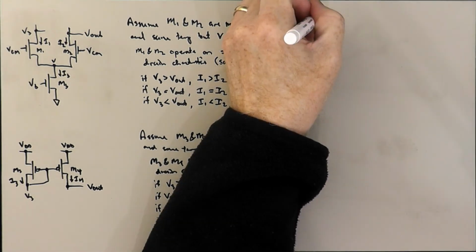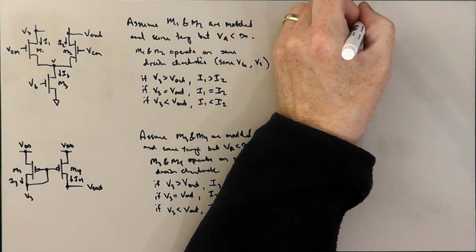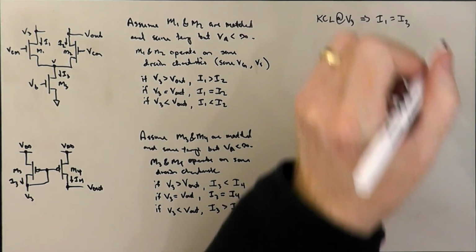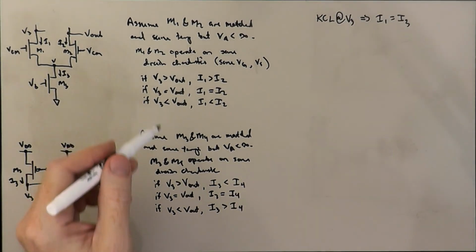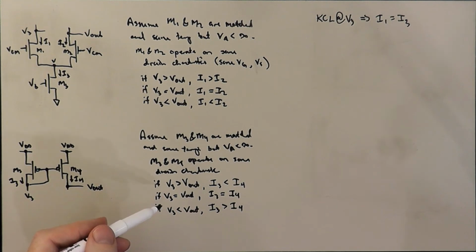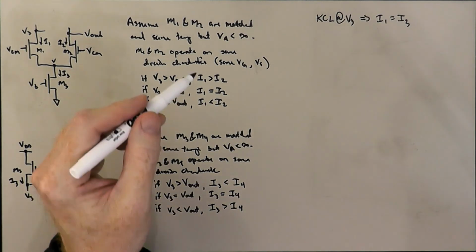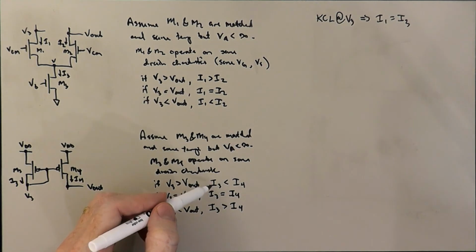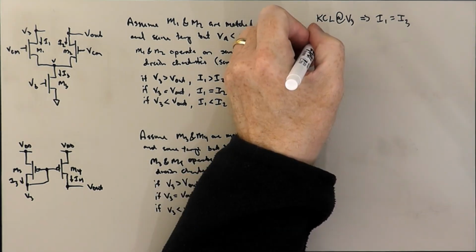So KCL at V3 implies that I1 has to equal I3. And so we can combine these inequalities by noting that we have I1 here, and we have I3 here, and those are equal. And so we can combine these things and look at the three cases.